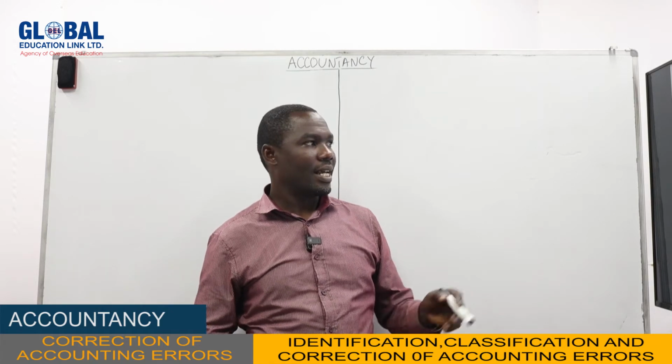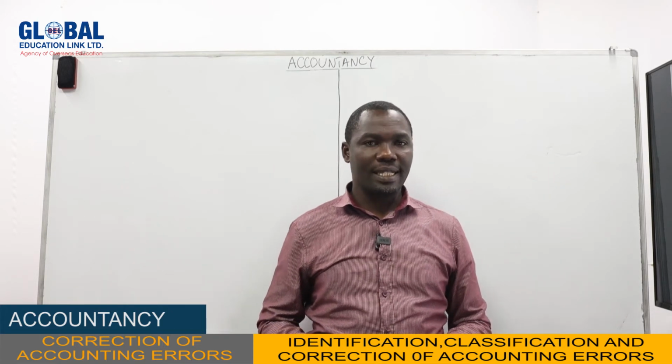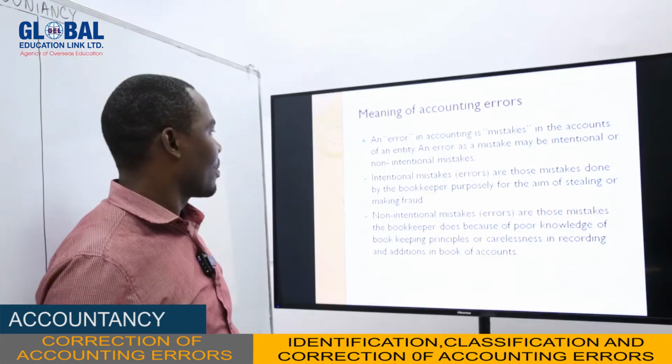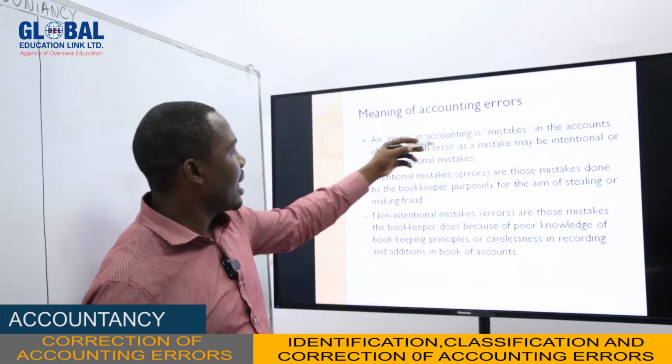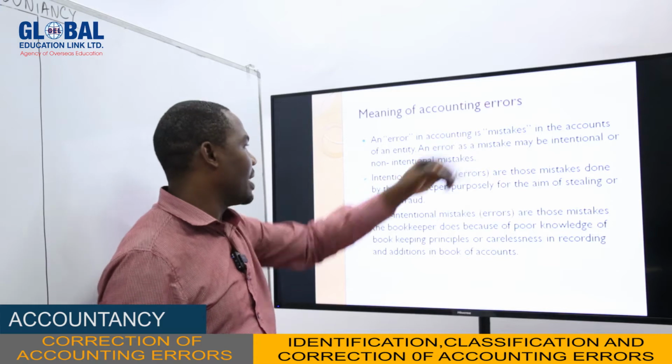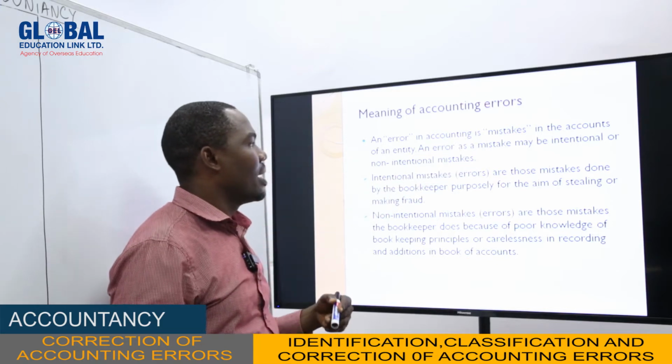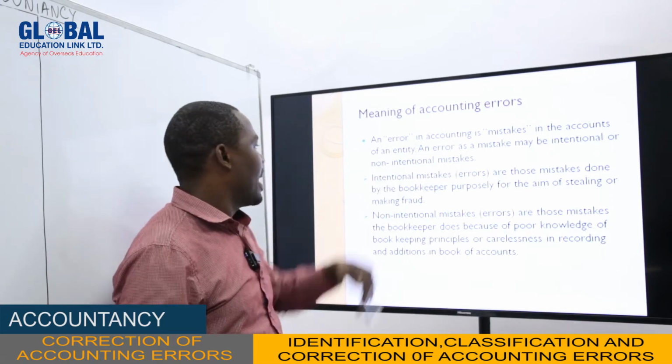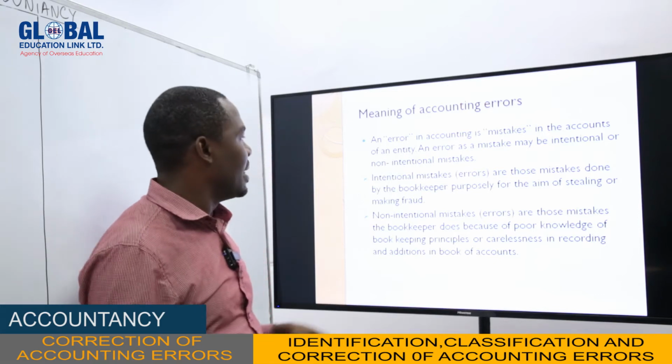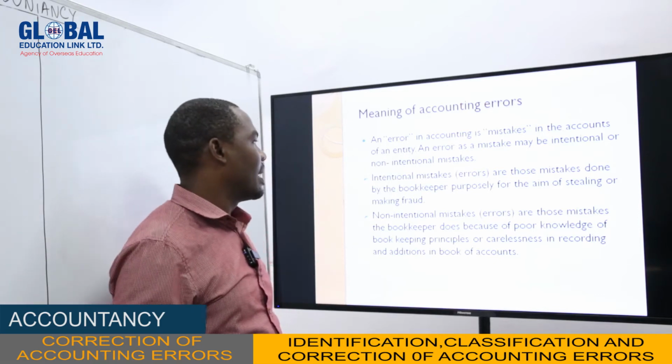What do we mean by the term accounting error? As I said before, errors are mistakes. So an error in accounting is a mistake or mistakes in the accounts of an entity.